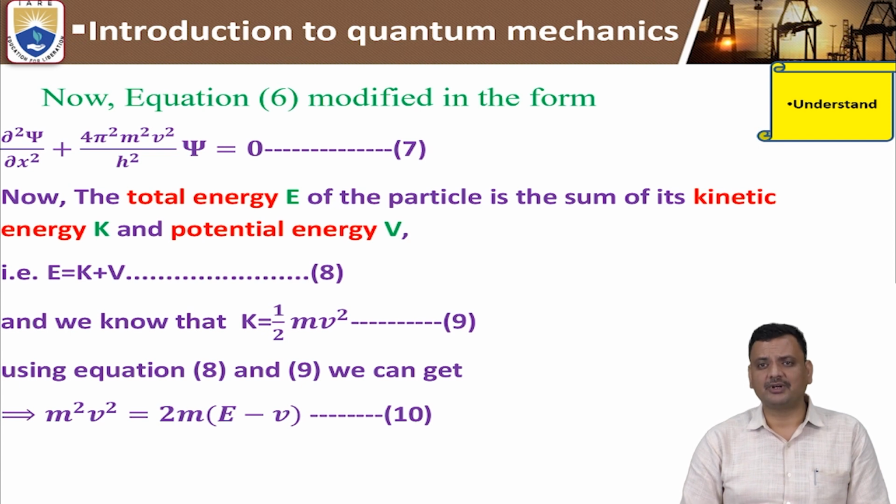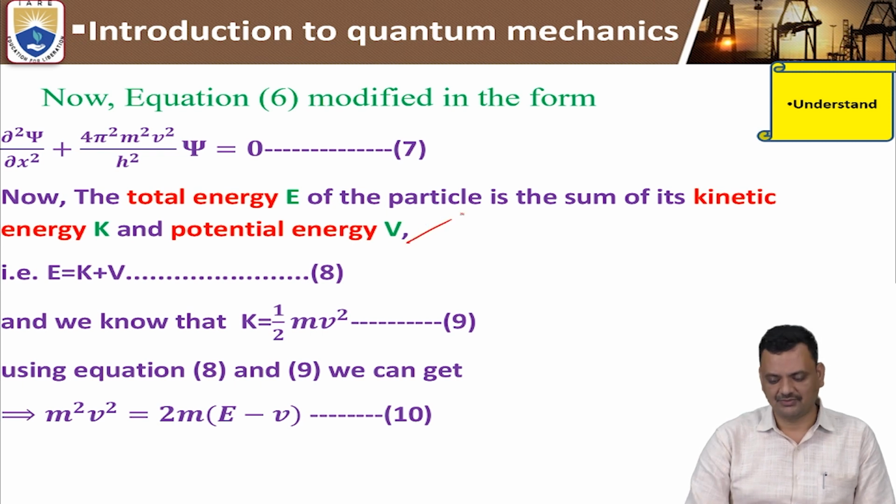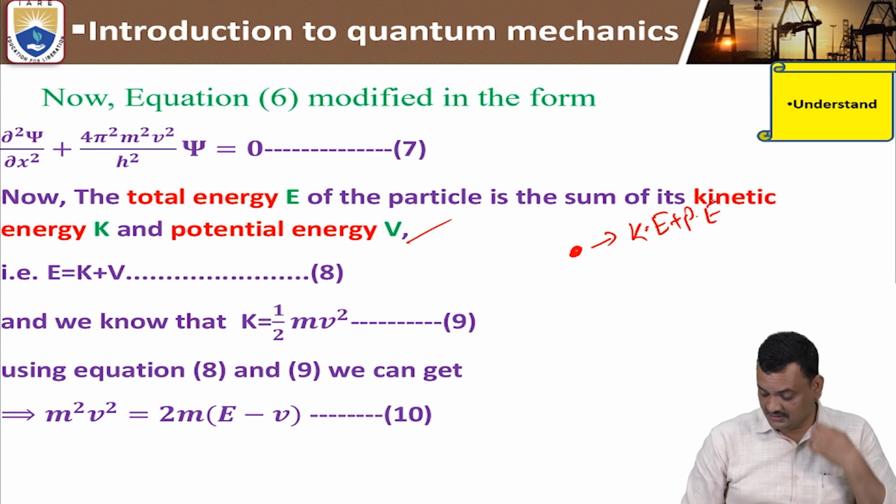Now the total energy E of the particle is the sum of its kinetic energy K and potential energy V. This is a well known fact that any particle's energy can be written as kinetic energy plus potential energy.